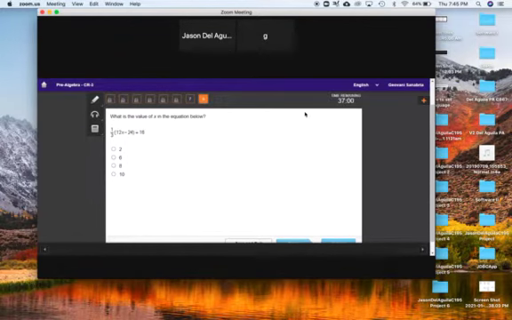Would you make that one a decimal? You could, but then it changes what you're doing. I think because this one doesn't have any minus or anything, you would divide by 1/3. You could.